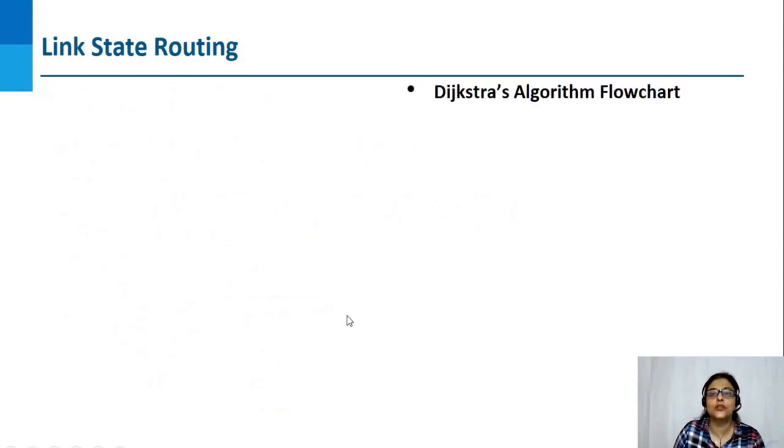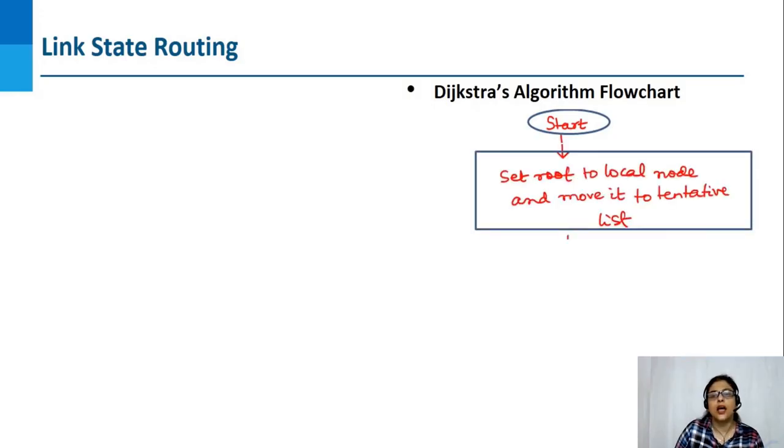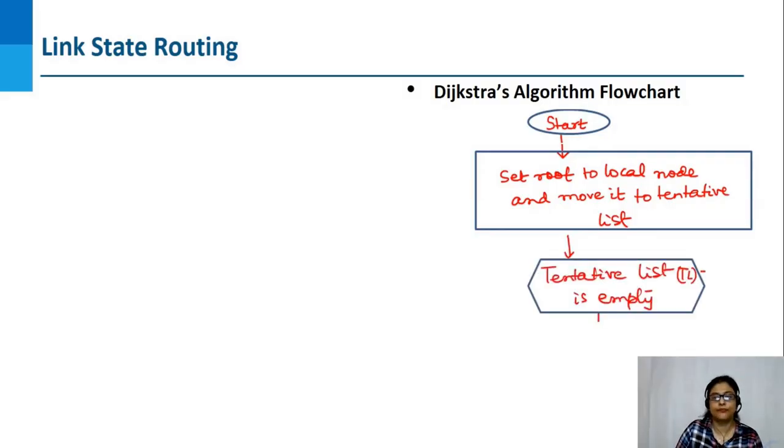Let us understand Dijkstra's algorithm flowchart. We start, then after the start button, we set the root to the local node and move it to the tentative list. Then we see whether the tentative list is empty or not. If the tentative list is empty, then we stop the algorithm.